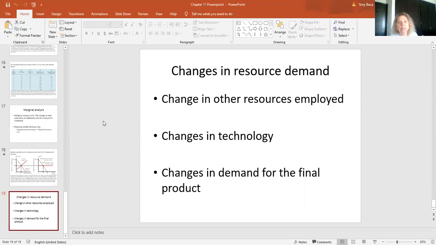We now need someone to manage the machine itself, not someone to do the job the machine is doing. And so we need higher skilled workers. Changes in technology are going to decrease your demand for low trained labor and increase your demand for higher skilled labor.